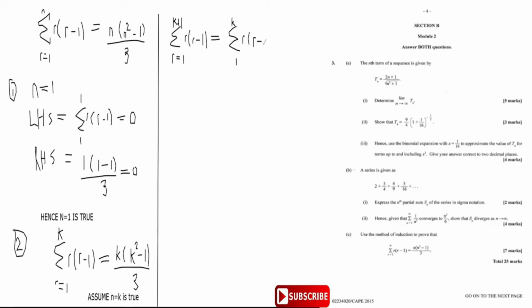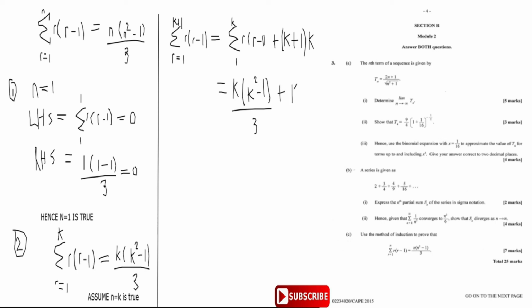The k plus 1 term is k plus 1 times k. Now the sum from 1 to k, as we know, is k times k squared minus 1 over 3, plus this.